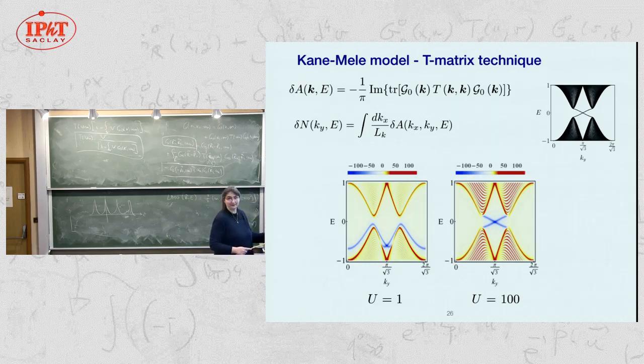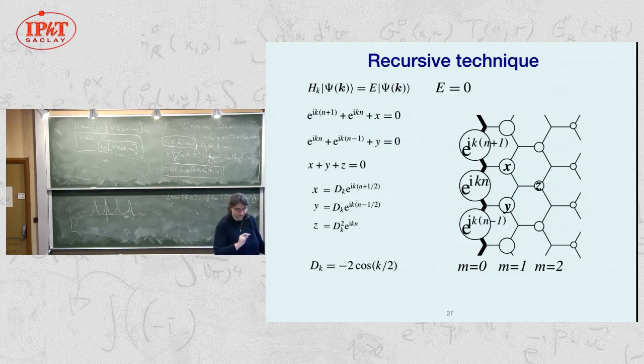I just open a Mathematica notebook, write the formula, and I get it. I don't have to do any numerics or any diagonalization of a lattice. I can start with the Green's function, which is very simple, put in the impurity, write the formulas for the T-matrix, and I get this. So I'm very happy that it works, and I recovered the physics which I would otherwise get in a much more complicated fashion.